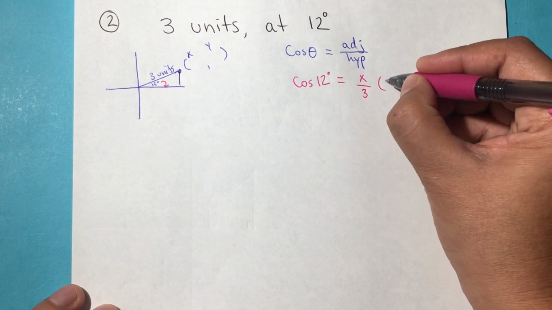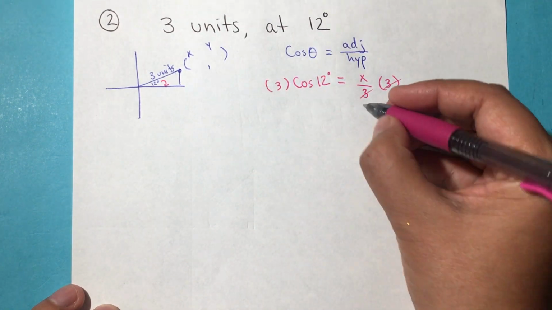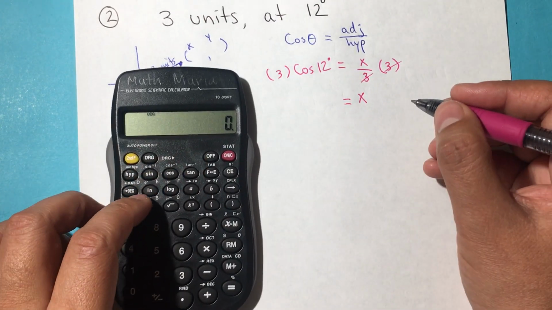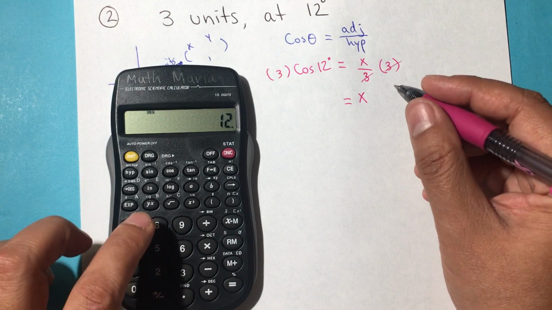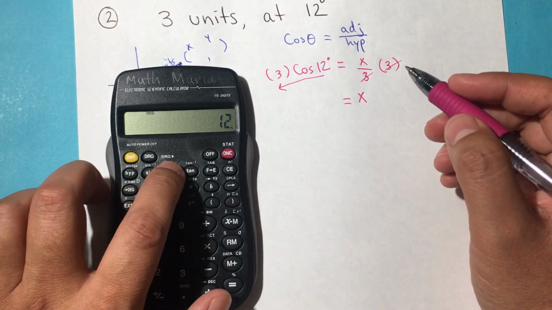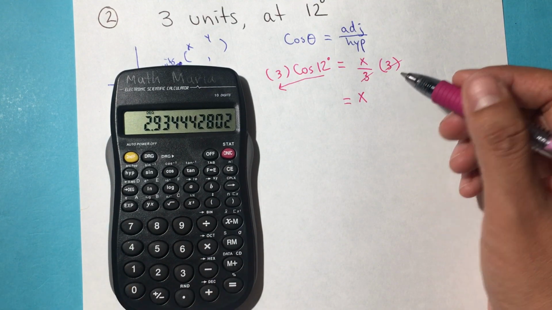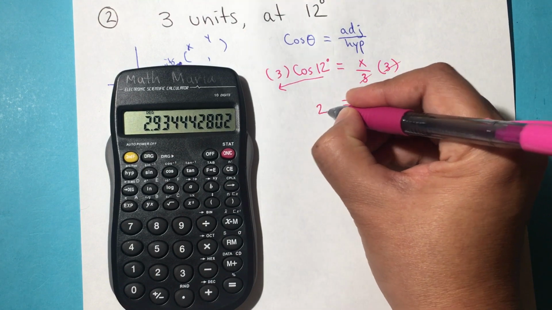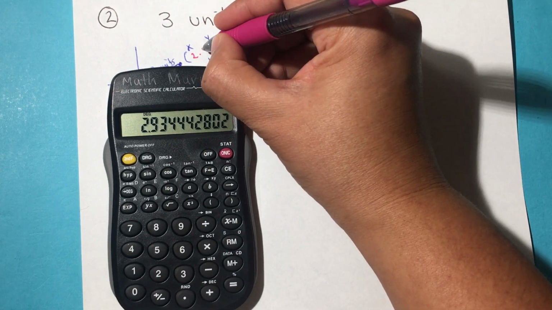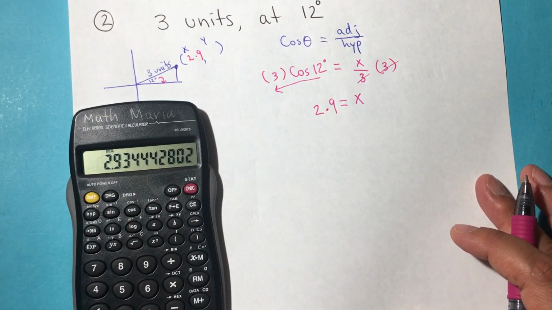If we're dividing by 3, the opposite is to multiply by 3. This cancels, and x will be equal to 12. Remember that it's in this direction, 12. Cosine times 3 equals 2.9. 2.9 for x. Okay, that's the value for the x coordinate.